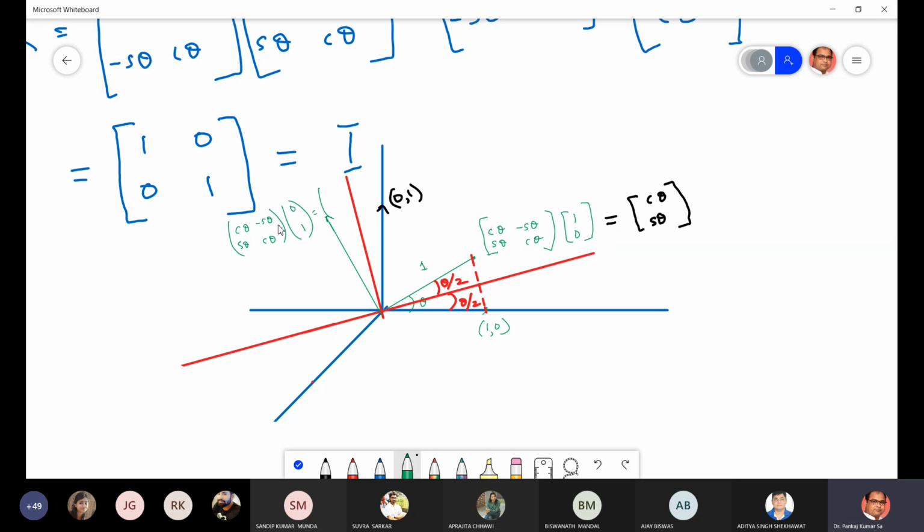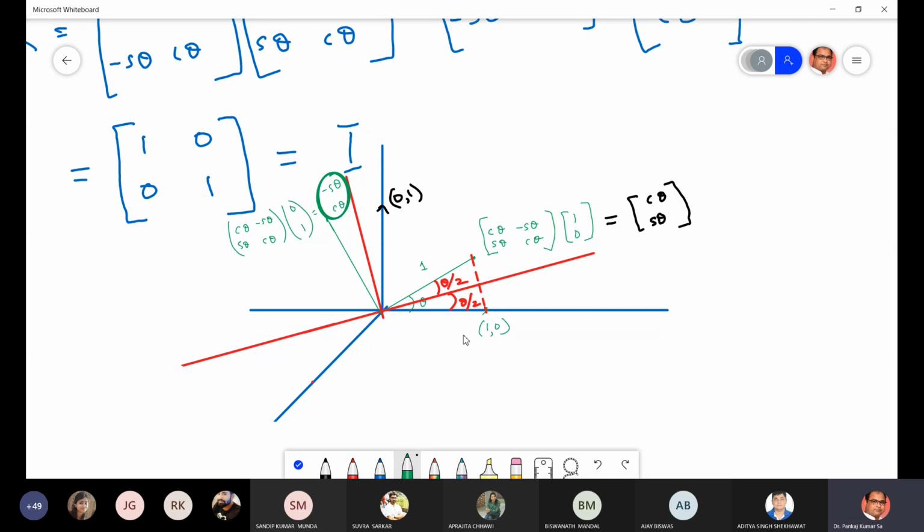That is equal to minus sin theta and cos theta. Now, this is what the rotation is: cos theta minus sin theta, sin theta cos theta.